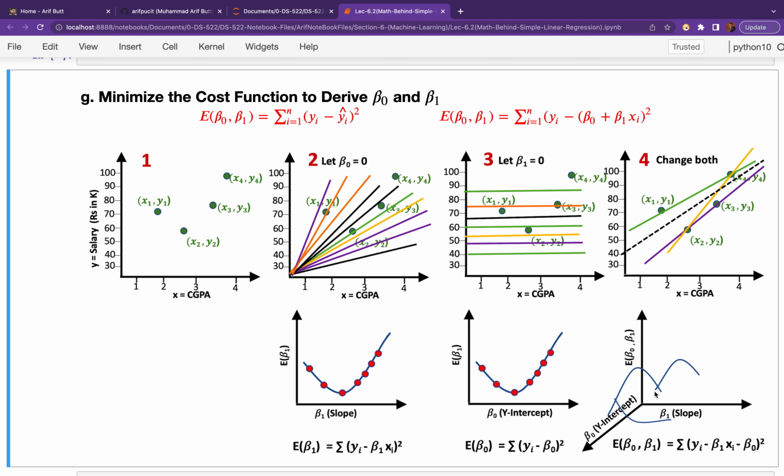And finally, over here in this 3D graph, on the bottom right corner, I have tried to show the rate of change of the error function with respect to both beta naught and beta 1. Great. I hope the intuition is clear.